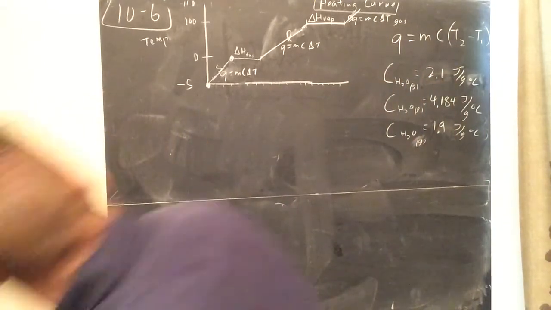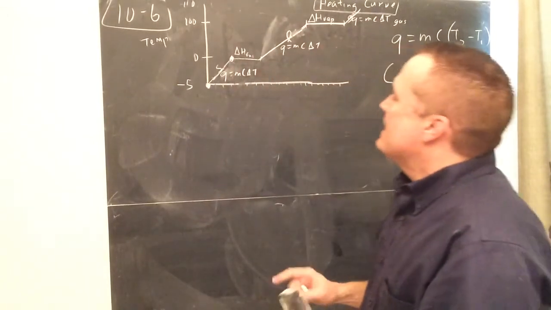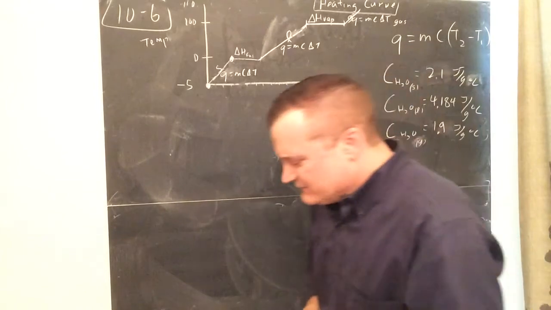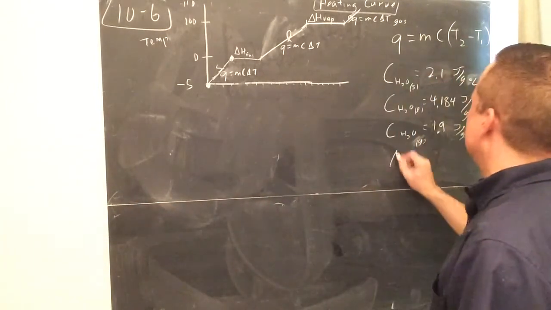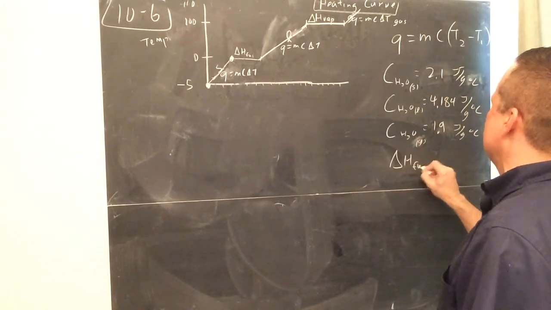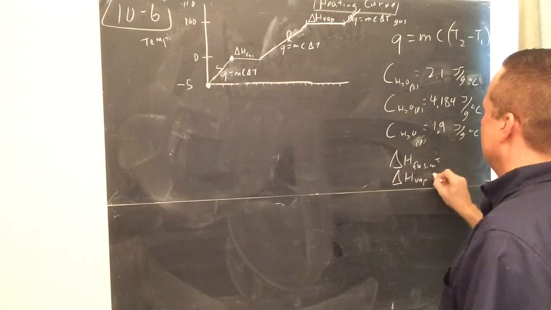So let's start off. Oh, and I said I was going to tell you something and I forgot to tell you. Now the heat of vaporization for water. Let's just write that down too. Delta H fusion, and delta H vap for vaporization.